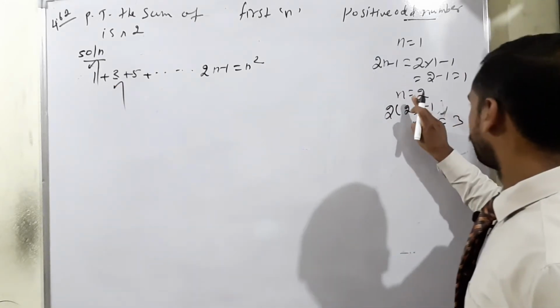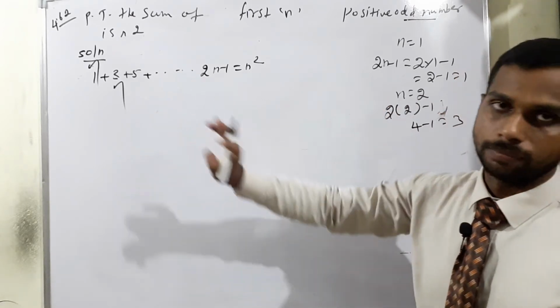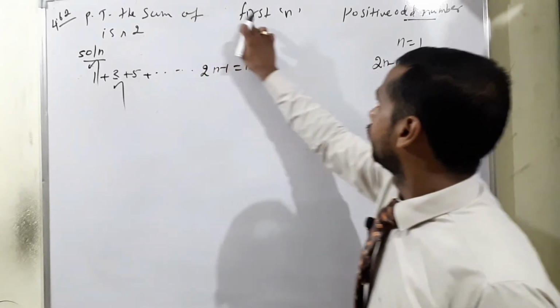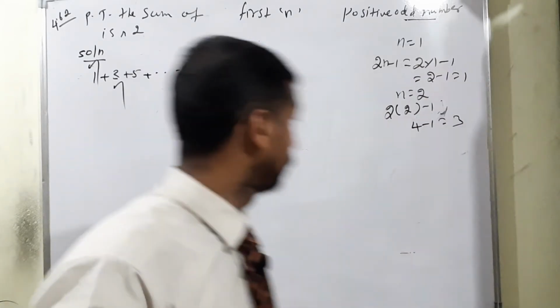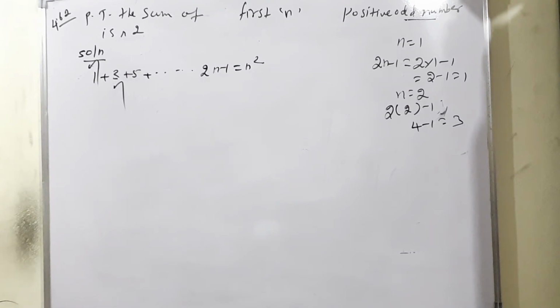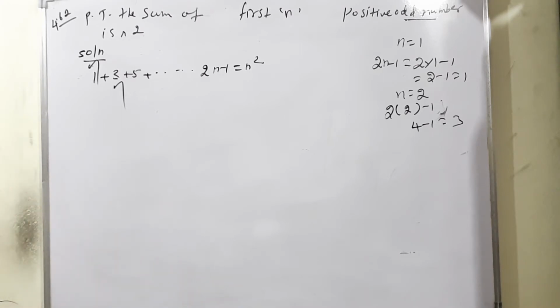When n is equal to 3, definitely 5 will come. That is how we prove the sum of first n positive odd numbers. That's why I have written 1 plus 3 plus 5 plus dot dot dot 2n minus 1 is equal to n square. Now, the same as example 4.61.